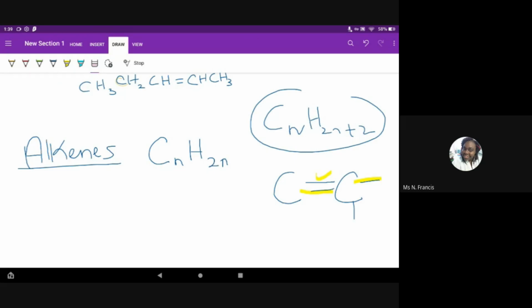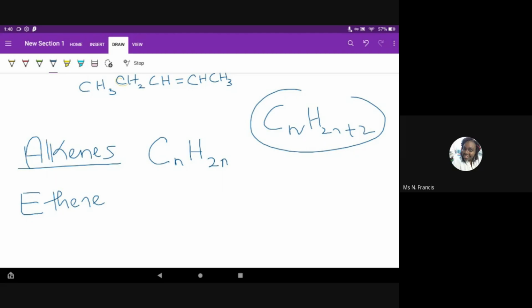So let's start with the simplest of them all. Now we're going to start with ethene. Can anyone tell me why we can't start with methane? Why doesn't methene exist? I must have a double bond between a pair.